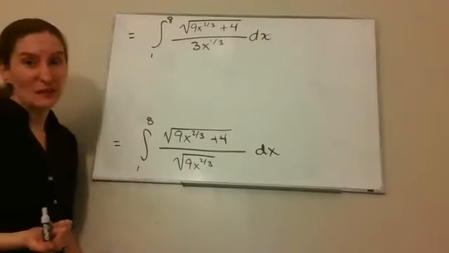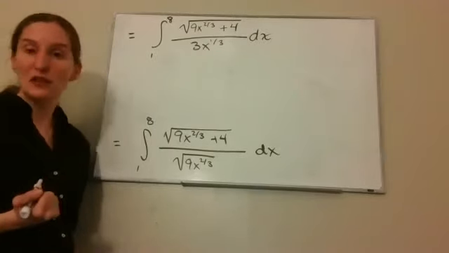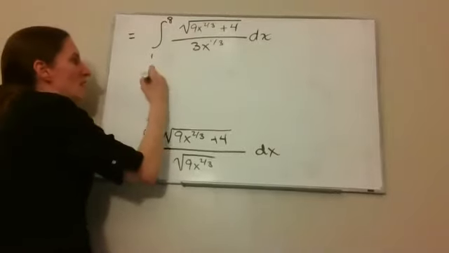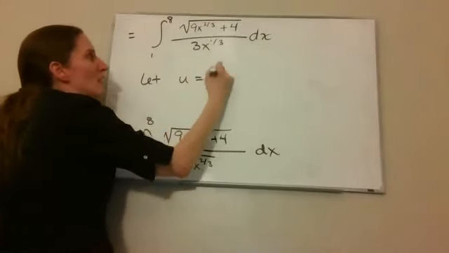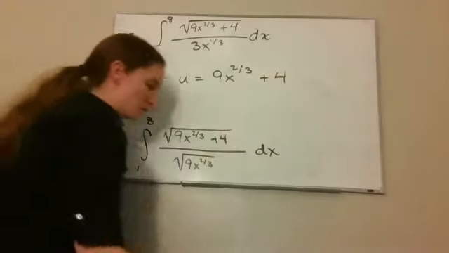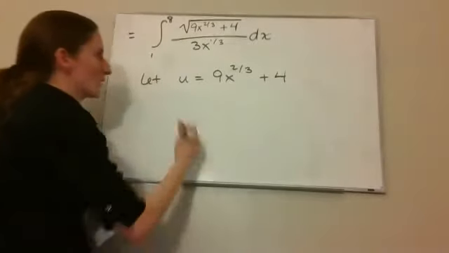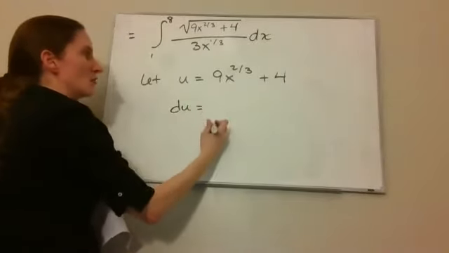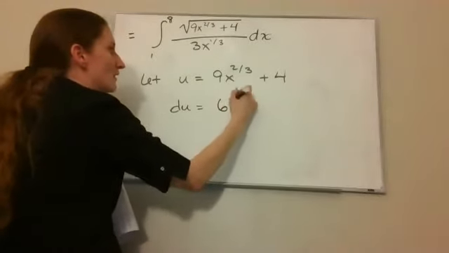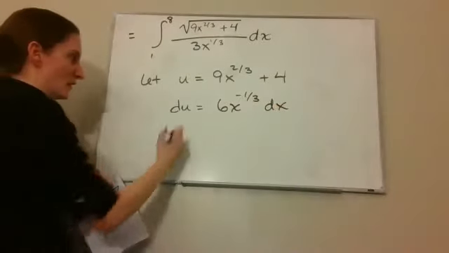And yeah, that still looks pretty terrible, but the reason we did this is because now we can use substitution. If I try now to let u equal everything underneath that square root, what would I get for my du? du would be equal to, let's see, 6x to the negative 1/3 dx.